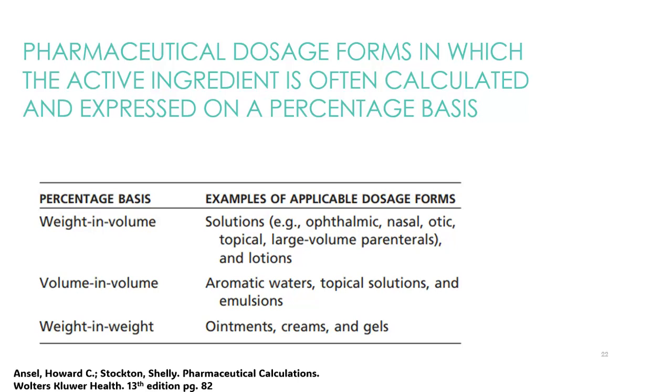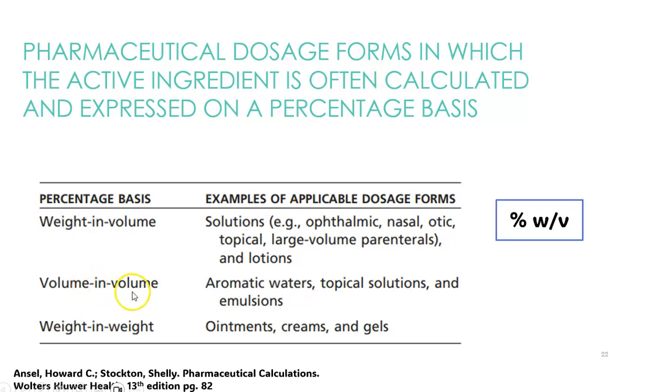So let's get to what this video is about, calculations. In pharmacy practice, we use weight in volume for a powder dissolved in a liquid, for example, a solution like Panadol elixir, that's paracetamol in a liquid. So those would be expressed as percentage weight in volume.